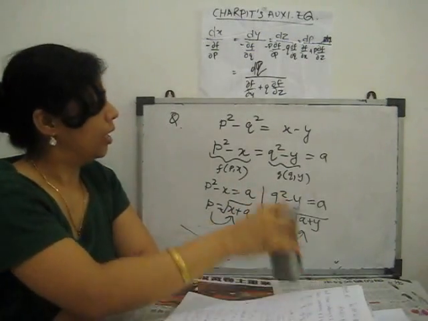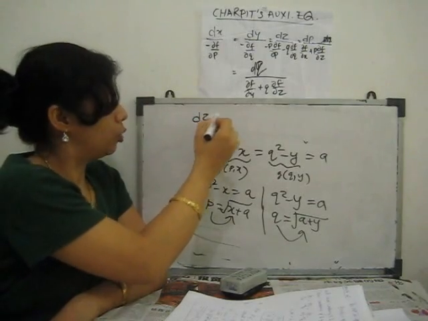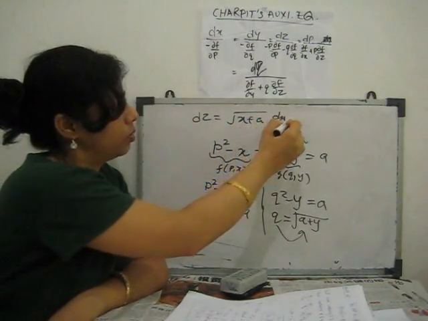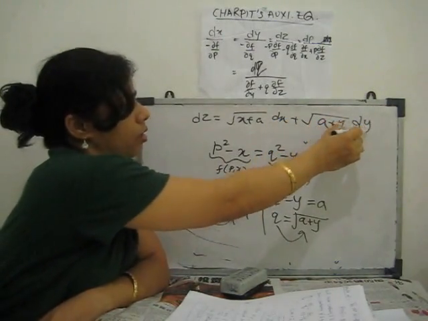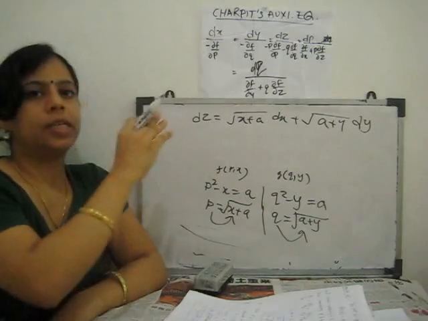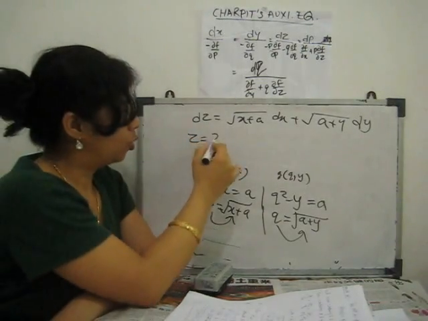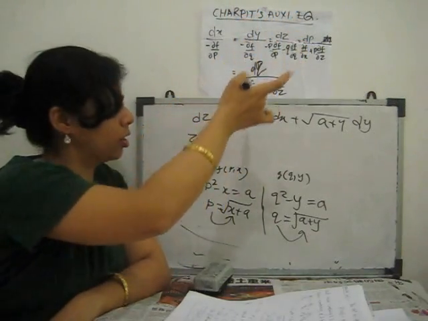Clear? Now p is in x, q is in y. Directly substitute in our resulting equation. What is dz equal to? dz equals root of x plus a dx plus root of a plus y dy. Now we easily integrate. When we integrate, z equal to 2 by 3 of x to the power 1 by 2 plus 1. What is the formula?